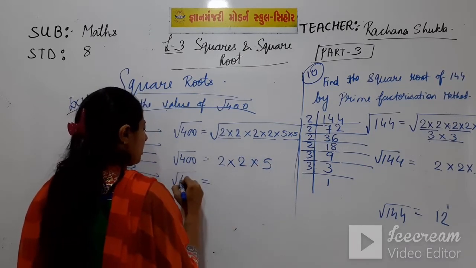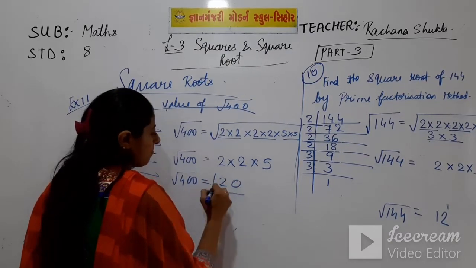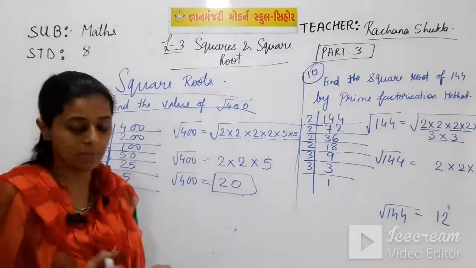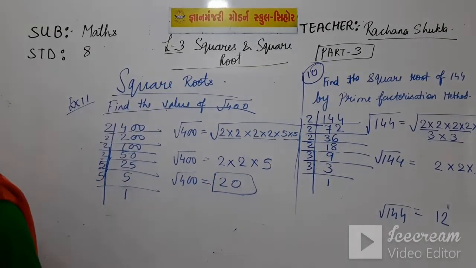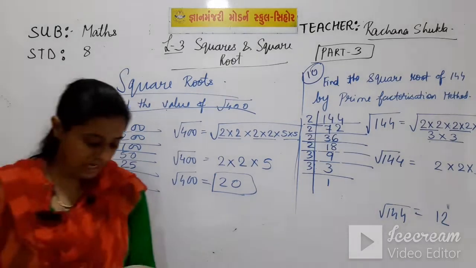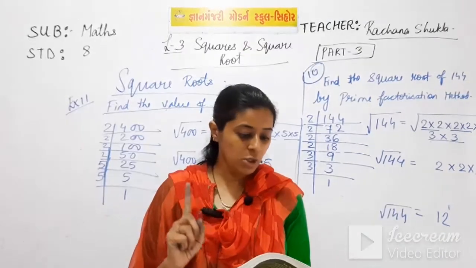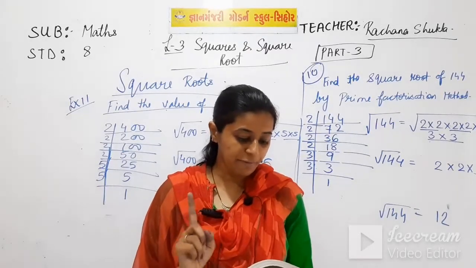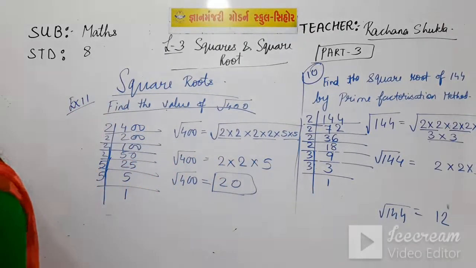What will be the answer? 2 2s are 4, 4 5s are 20. So your answer will be 20. In this way you will do all the sums, that is example 12 and example 13 by yourself. Example 15 also by yourself. Now I will teach you example 14.